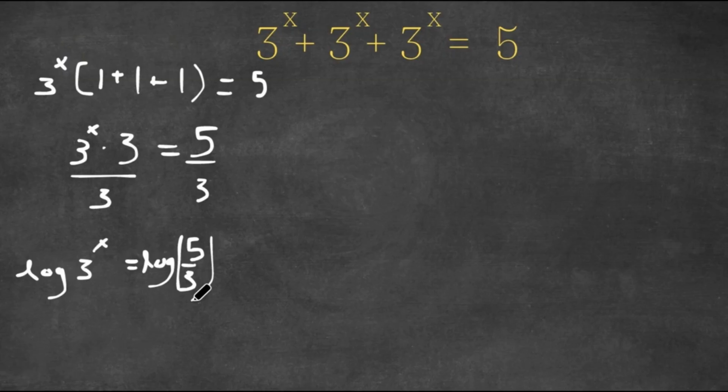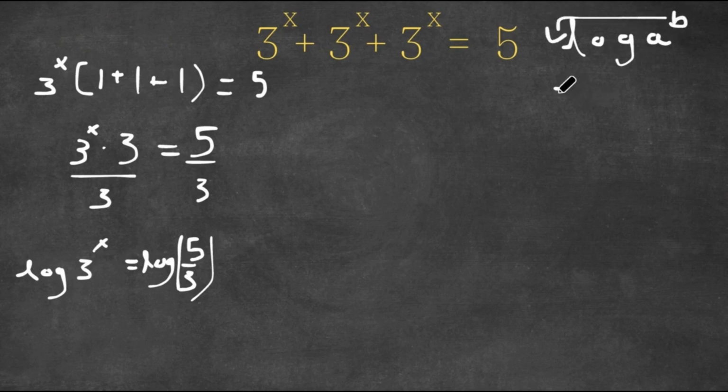And whenever I have a logarithm in the form log a to the power of b, I can actually move our exponent b to the front of the logarithm. And this is known as the power property of logarithms. So this would be equal to b times log a.